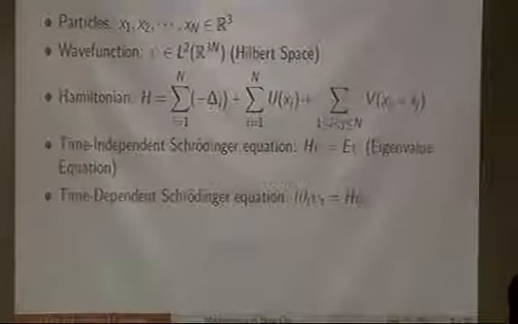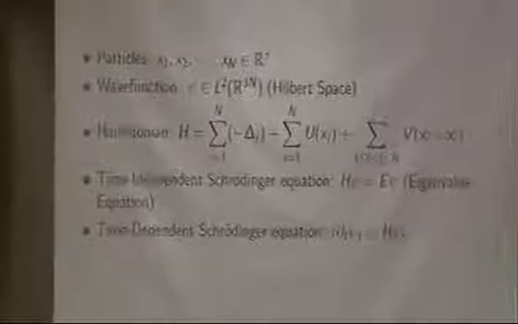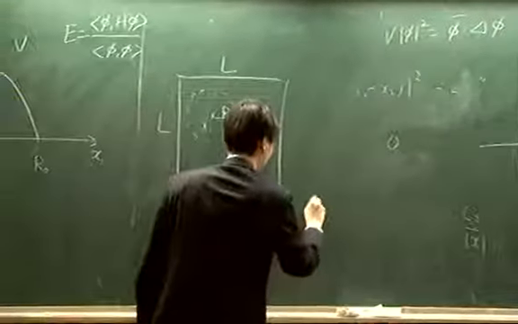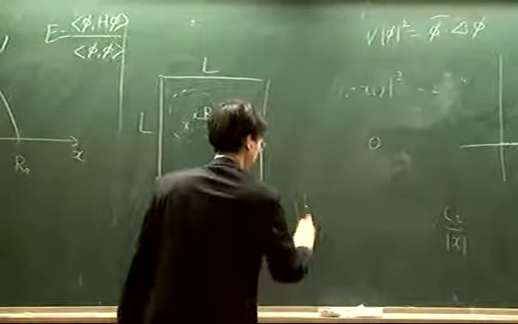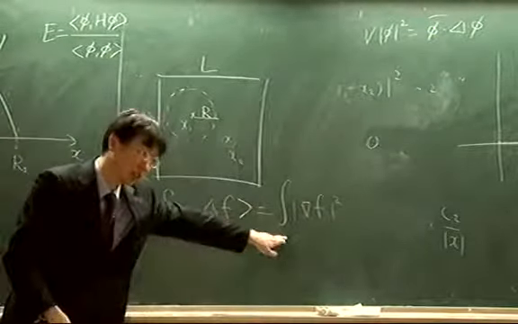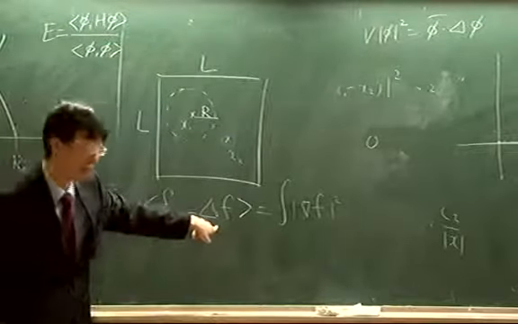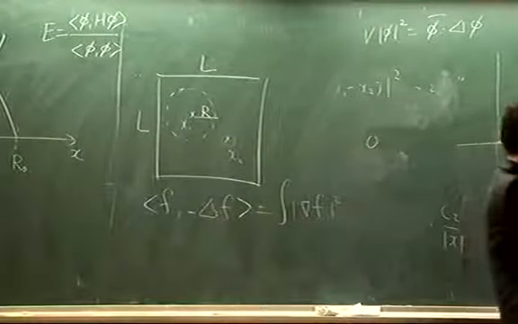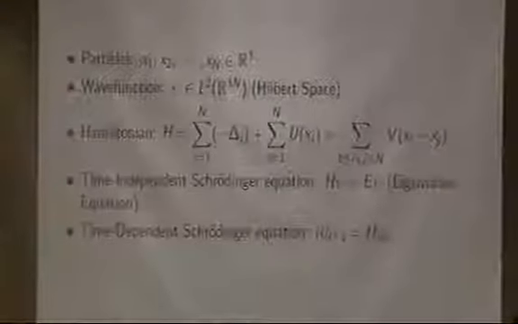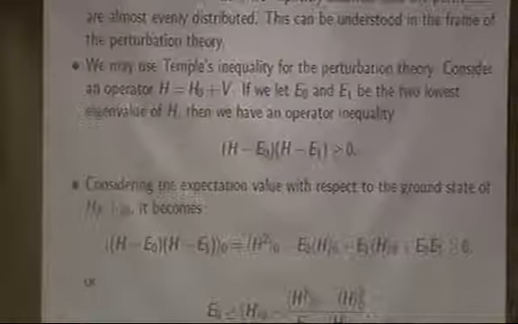And this minus Laplacian is always positive, because the expectation of minus Laplacian always becomes the integral of gradient f squared. So this is always positive. That's why this minus Laplacian is always positive. So we have this operator whose ground state is just constant. And the remaining thing is just V in the perturbation argument or Temple's inequality.